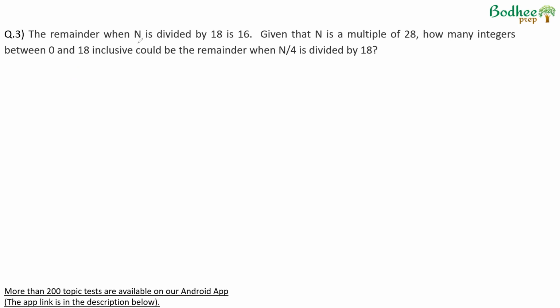If we look at the numbers that satisfy the first condition, n by 18 gives a remainder of 16, the first number will be 16, the second will be 16 plus 18, which will be 34. The next number will be 34 plus 18, 52. The next number will be 52 plus 18. This will go on for a long time.